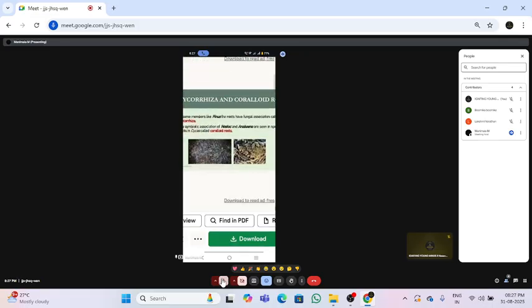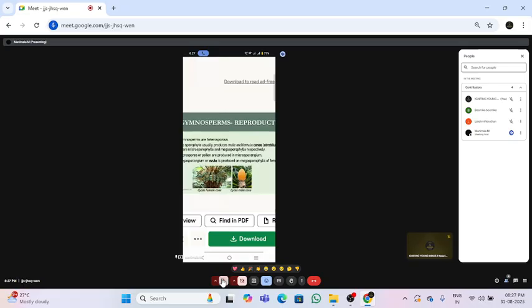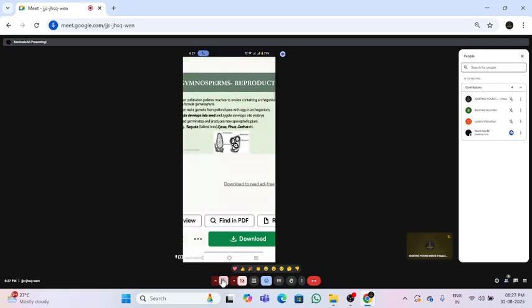Gnetum is one of the woody climbers. And in the world, which is the smallest gymnosperm? There is one question. Make a note: Zamia pygmaea is the smallest gymnosperm.